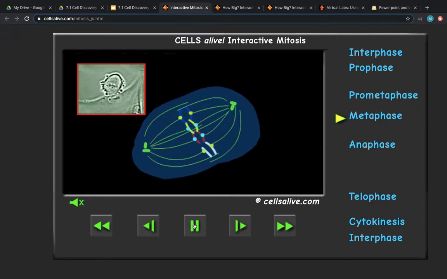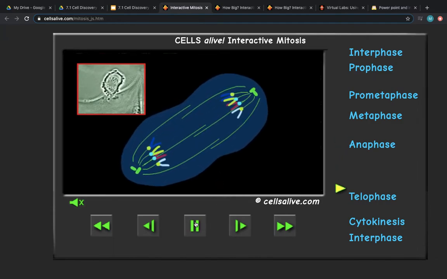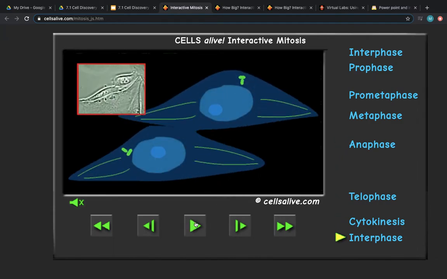Then later on, 1 copy of each of the DNA goes to each half of the dividing cell, which means that the new cell is going to have the exact same DNA as the previous cell, right? And then eventually, when all the DNA is separated properly, the cell divides and becomes 2 new identical cells.